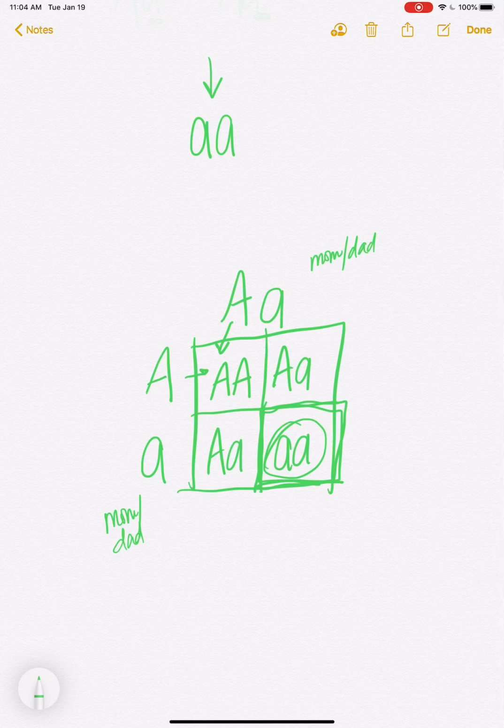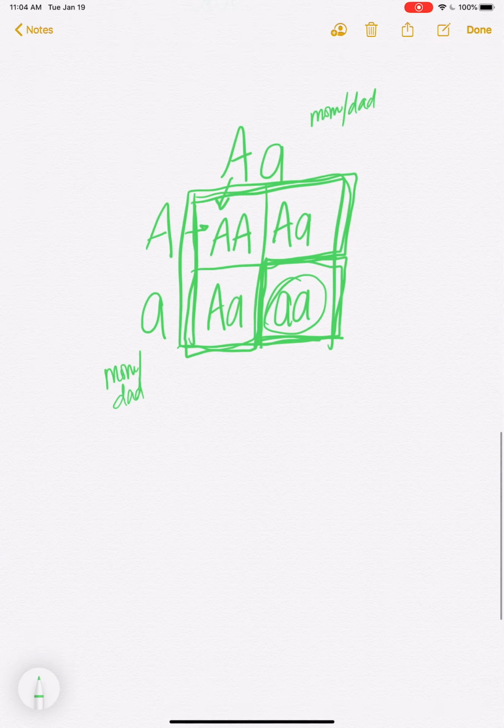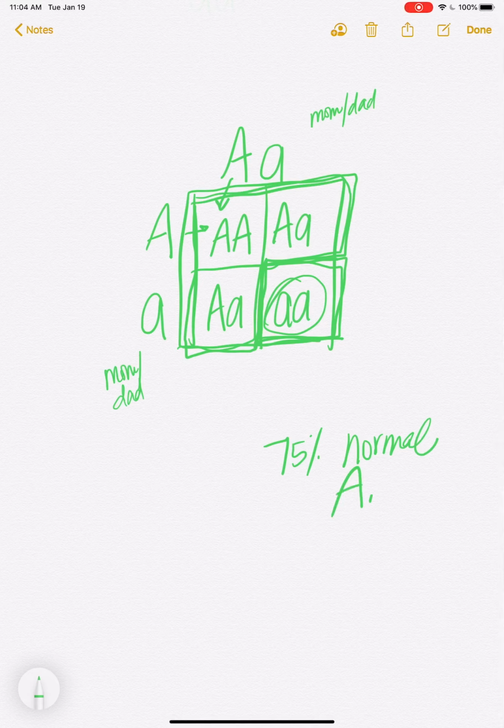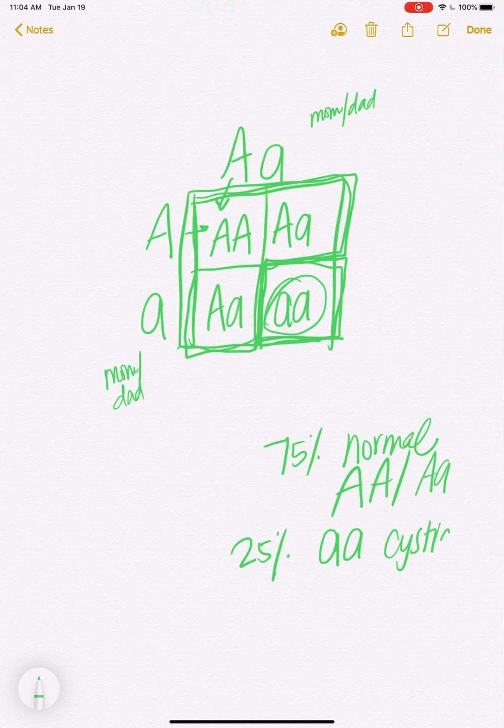And so their child, Paxton, had the recessive trait, and he has cystic fibrosis. Now, they have 2 other girls that do not have cystic fibrosis. They are normal. And so for Sean and Morgan, it was a 75% chance that they would have a normal child that's big A, big A or big A, little a, and a 25% chance that they would have a cystic fibrosis child.